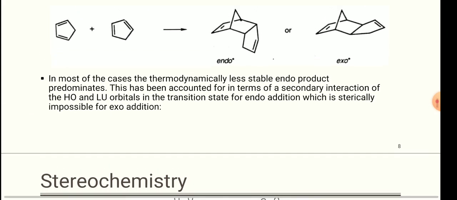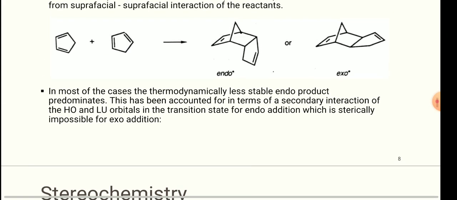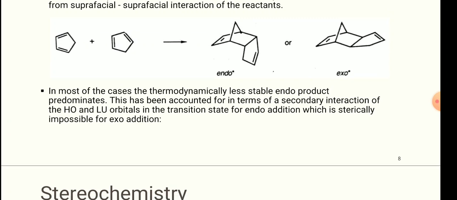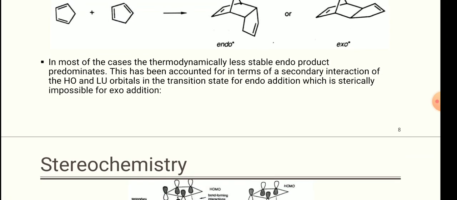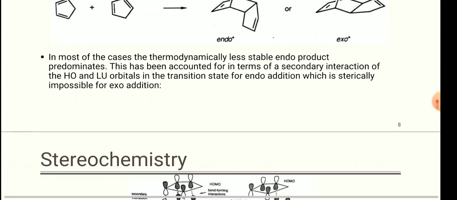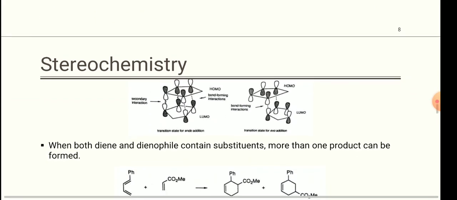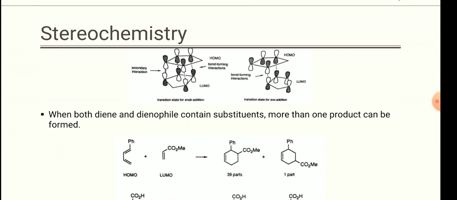Here the endo product is stable due to the overlap of the double bond and the pi electrons, but exo is less stable due to the unavailability of the pi interaction. So the stereochemistry can be explained by FMO theory, that is frontier molecular orbital theory, but I am not ready to go into details with this discussion.